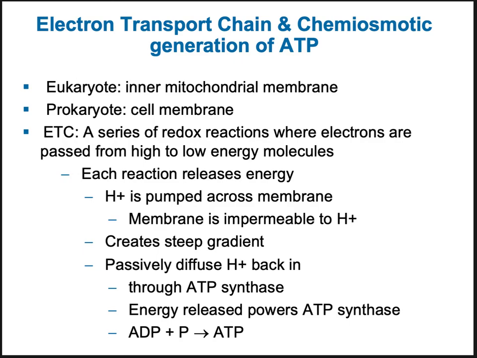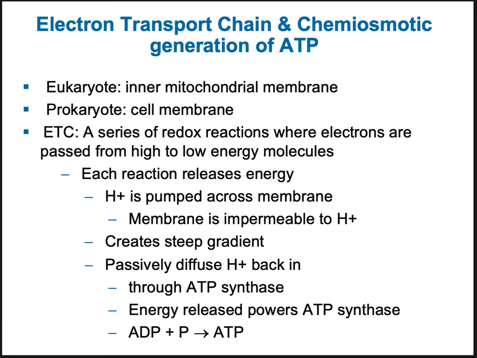And remember when we learned about transport across a membrane, when you create a really steep gradient, you have a lot of potential energy for it to flow back through to create equilibrium, right? But that membrane is impermeable to protons, so it can only diffuse back when a channel allows it to.